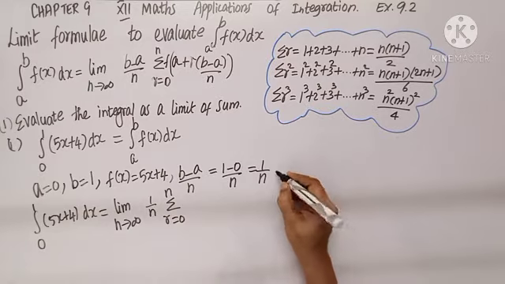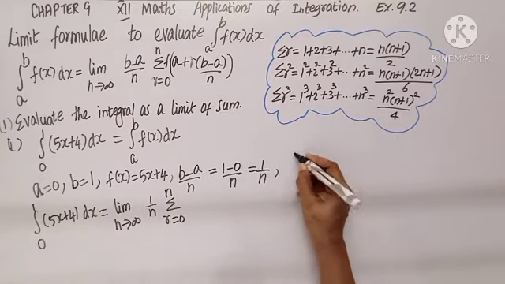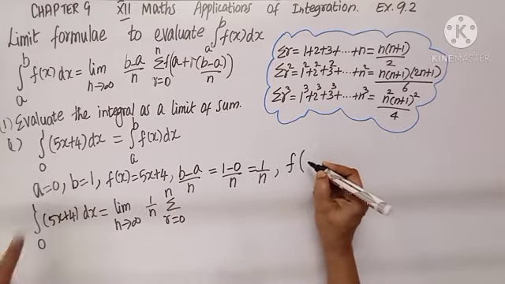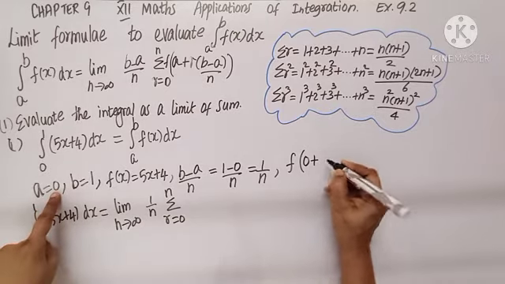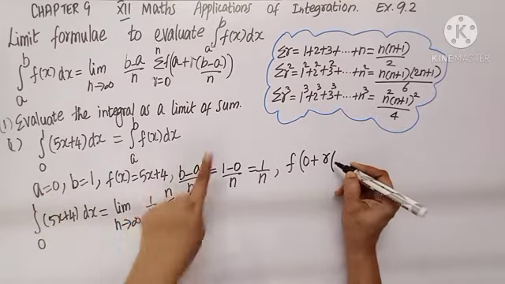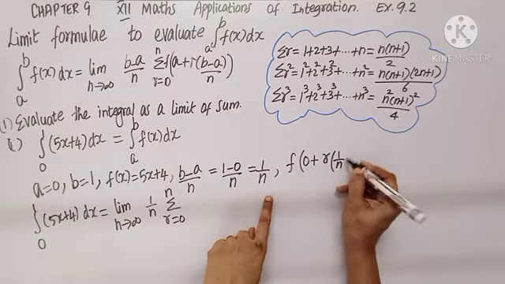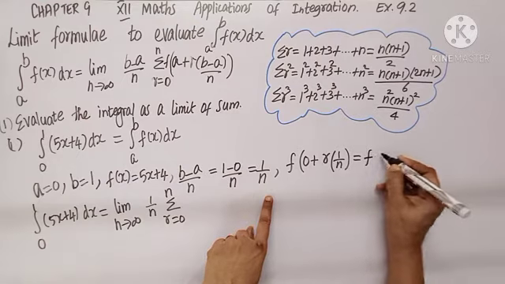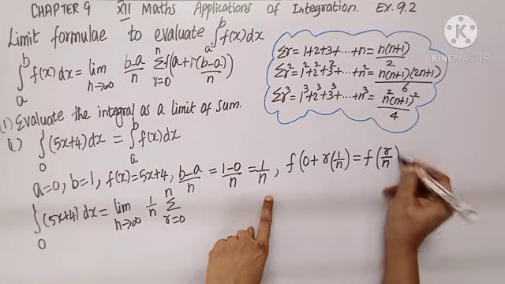How to calculate? f of a, what is a? 0, plus r into b minus a by n, which is 1 by n. That is f of r by n.